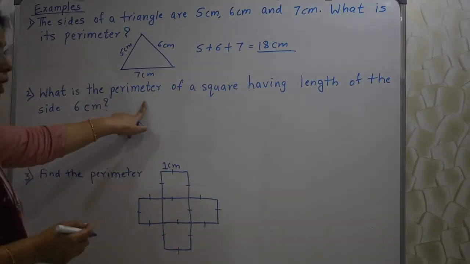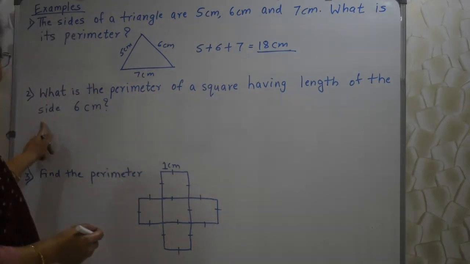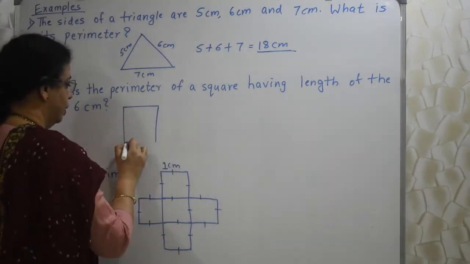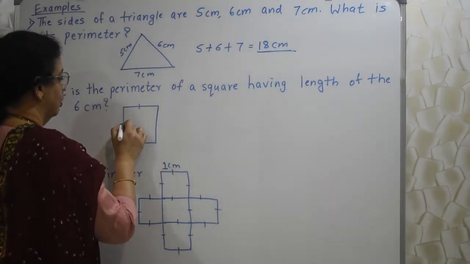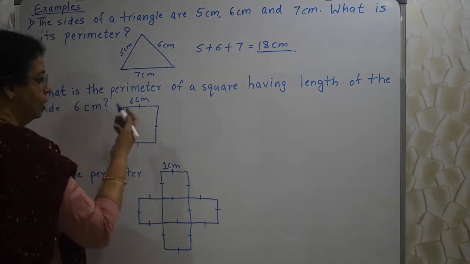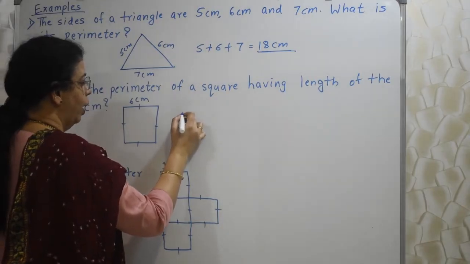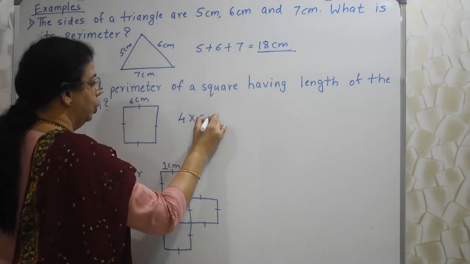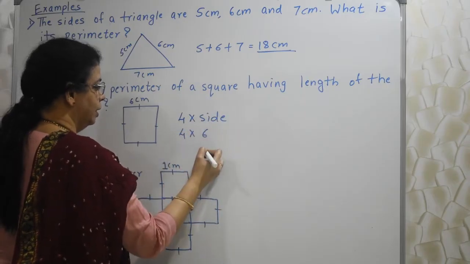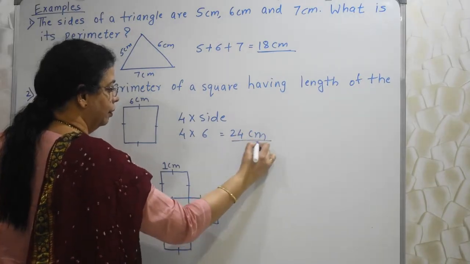What is the second one? What is the perimeter of a square having length of the side 6 cm? Square is there with side 6 cm. Square means all sides equal. What is the formula for the perimeter of a square? 4 into side. 4 into 6, that is 24 centimeter.